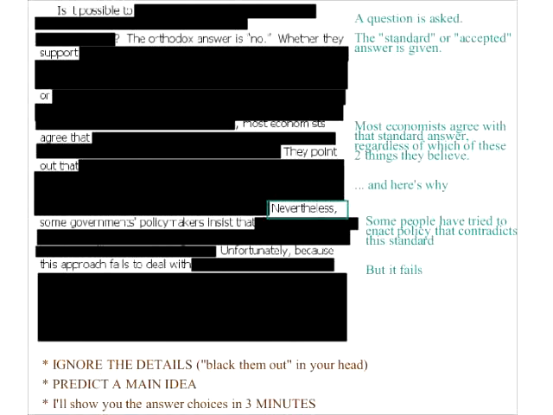So the main point involves giving and explaining the standard answer to a question or problem, and then examining the shortcomings of opposition.